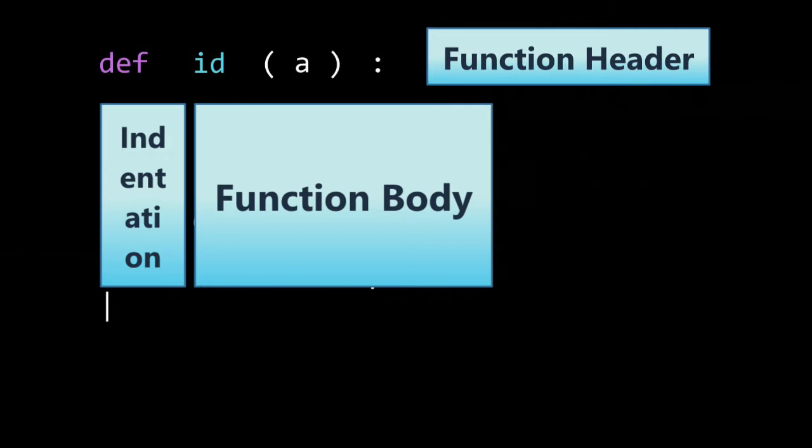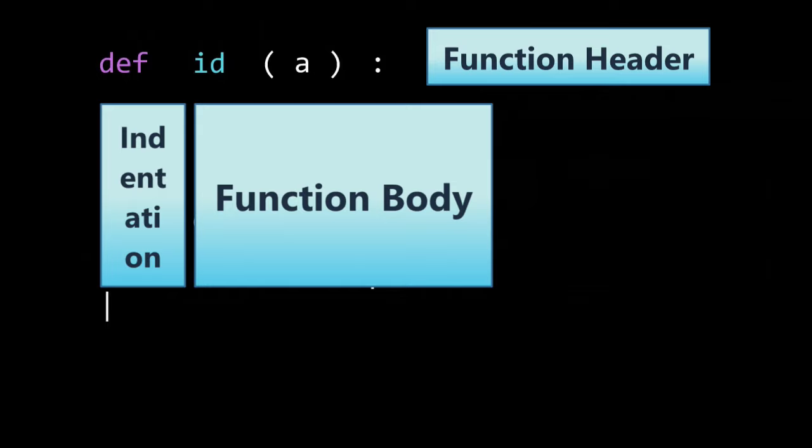In this first line, def is a keyword, id is the name of the function. You have to write down a parenthesis. Within the parenthesis, there may be some variable or it may be empty, it doesn't matter.